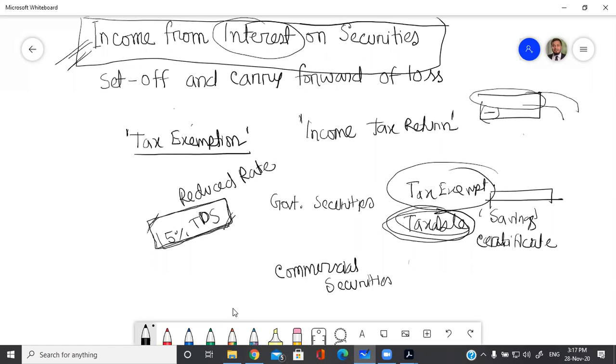So the regular slab will be applicable for other income, but for specifically it is known as 82C, the income on which reduced tax rate is applicable.